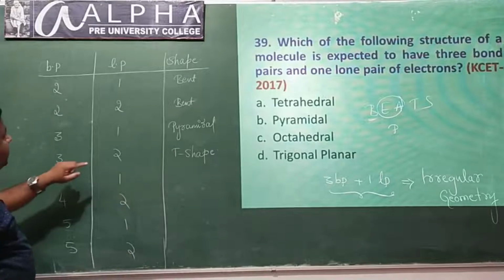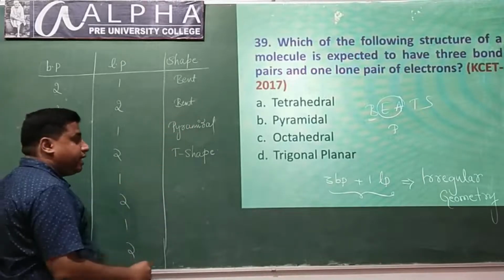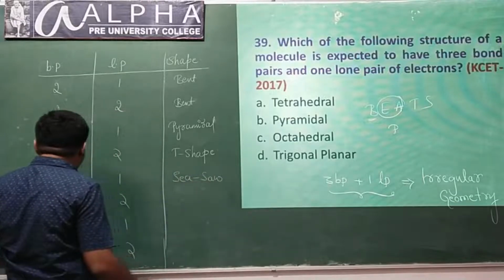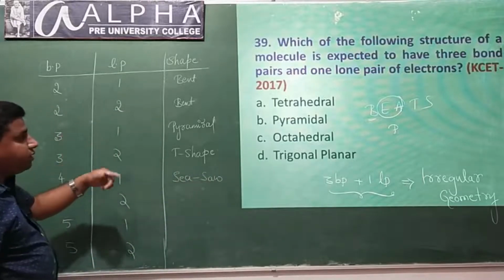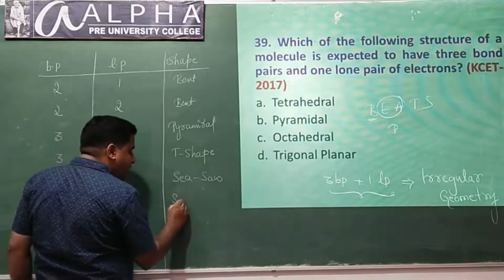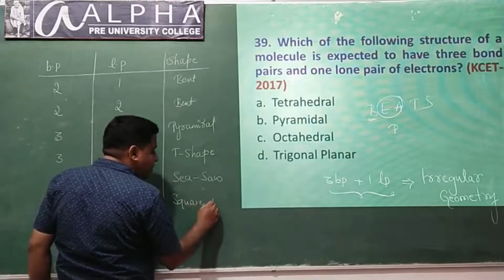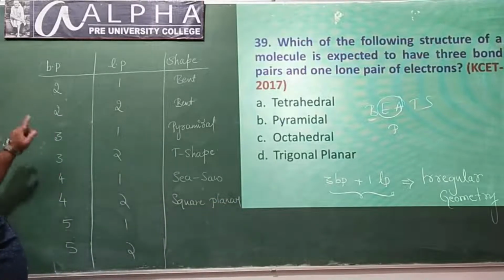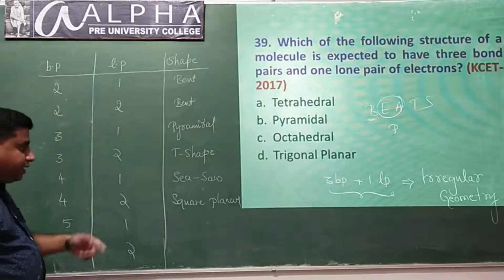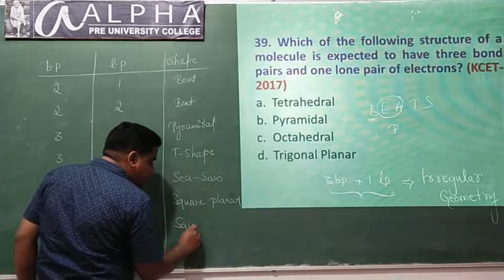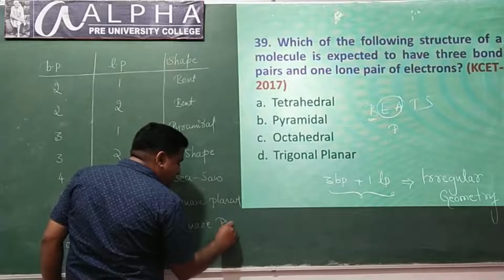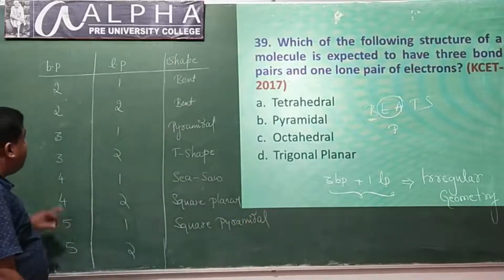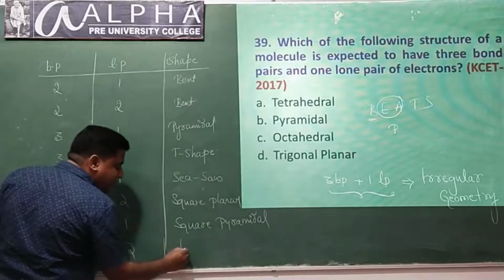Next, 4 bond pair, 1 lone pair: seesaw. 4 bond pair, 2 lone pair: square planar. 5 bond pair, 1 lone pair: square pyramidal. And lastly, 5 bond pair, 2 lone pair: this is called linear.